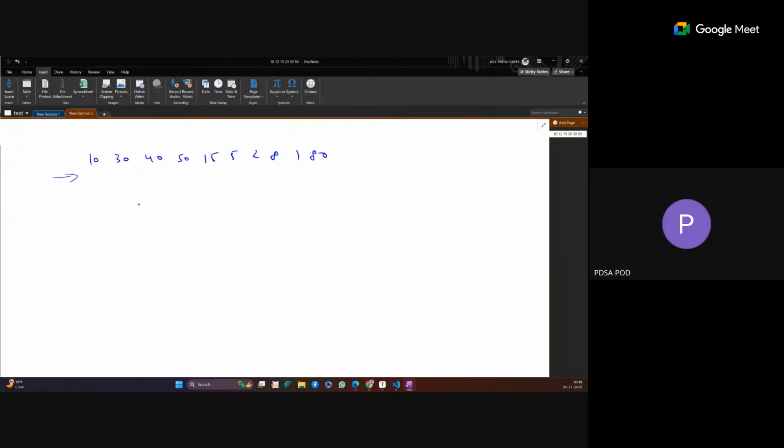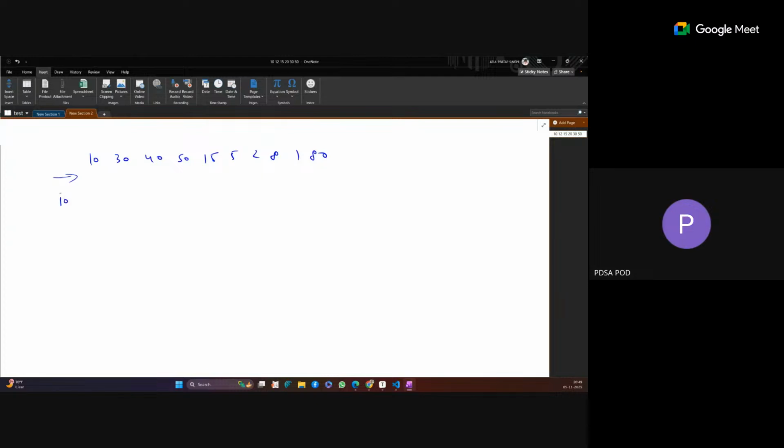Suppose this is the insertion order, and we will create a balanced search tree using the AVL concept. Just go step by step and see what type of situation we get at every step. You can take any example for your practice as well.